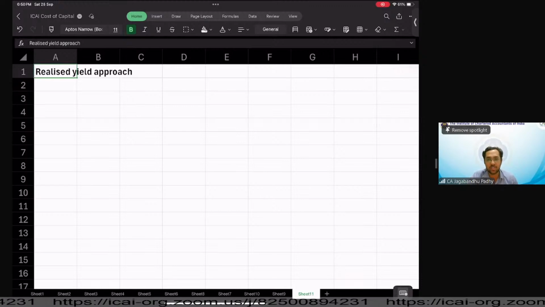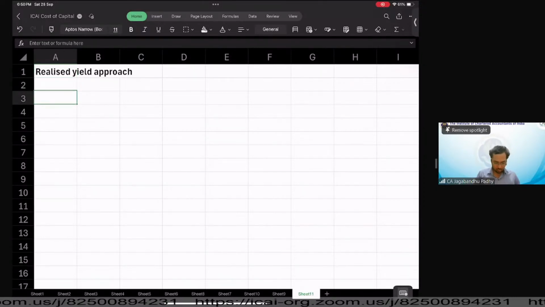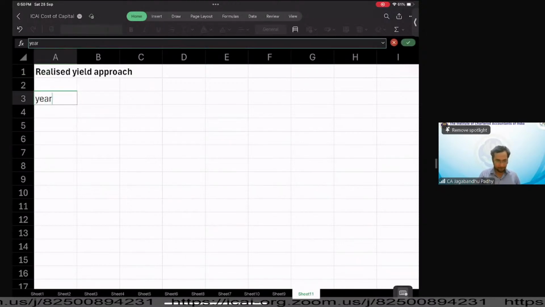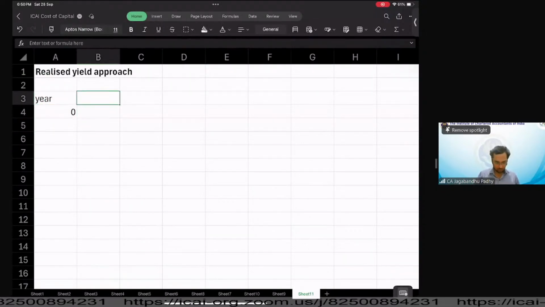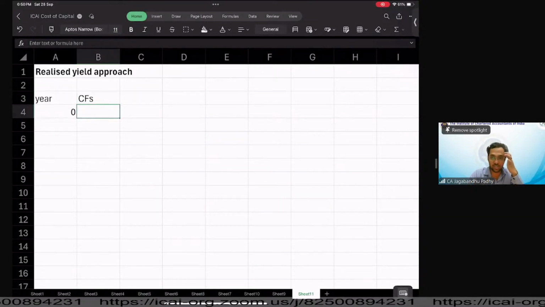So if you purchase a share and then sell it off after a certain period of time, the rate of return that you're earning is what is going to be calculated here. Let's say in year 0, you purchased a share for a price of, let's say, 1,000.